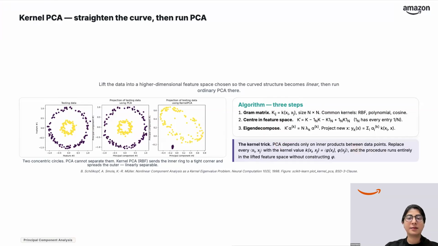One more interesting thing, if you look at the maths: this kernel is basically a dot product of phi(xi) and phi(xj) transpose in that high dimensional space. So it becomes a dot product, the computation is simple, and you can apply PCA in this kernel space.